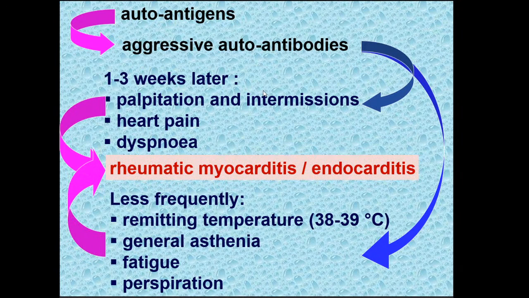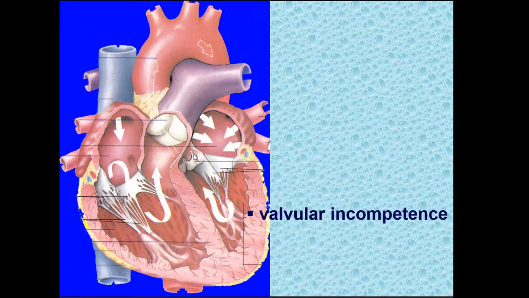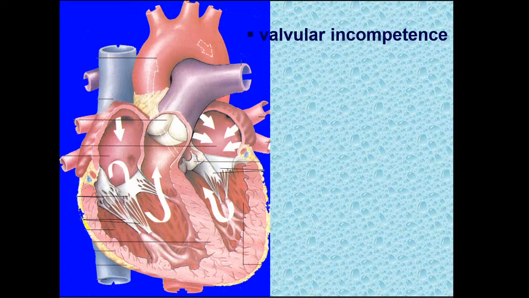As a result, due to endocarditis, there will be deformation of heart structures, and first of all the process localizes near the heart orifice or heart valves. If the problem involves valves, we are talking about valvular incompetence or regurgitation.